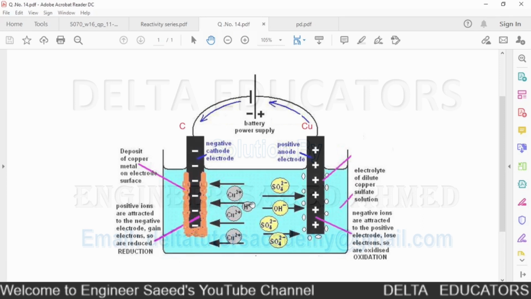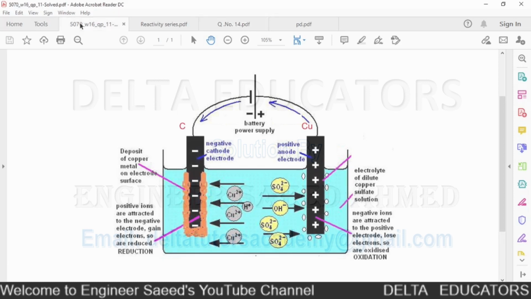Now to compensate for this decrease, what will happen? From this copper electrode, copper will be converted to copper ion and this copper ion will be transferred to the solution. Since copper is converting to copper ion, gradually this copper rod will decrease.